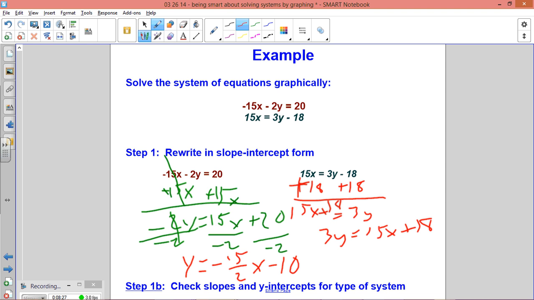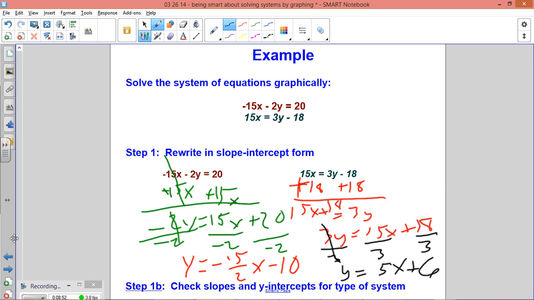That looks a little bit better. Now I know clearly the next step is divide by 3, divide by 3, divide by 3, and I get that y is equal to 5x plus 6. And at this point, I am going to check my slopes and my y-intercepts.